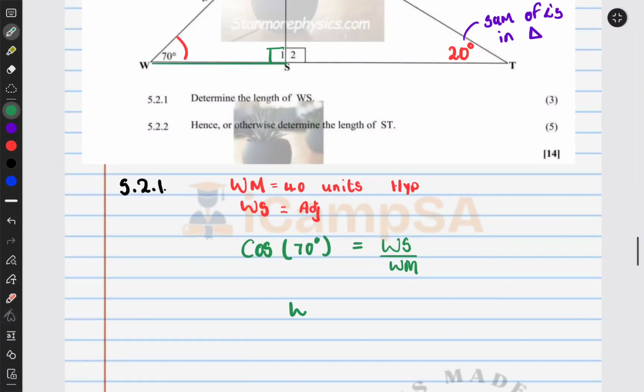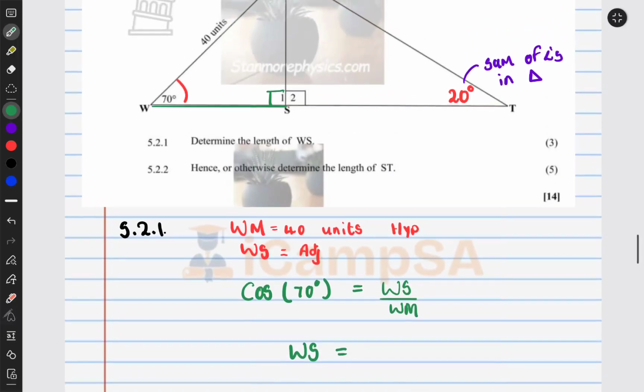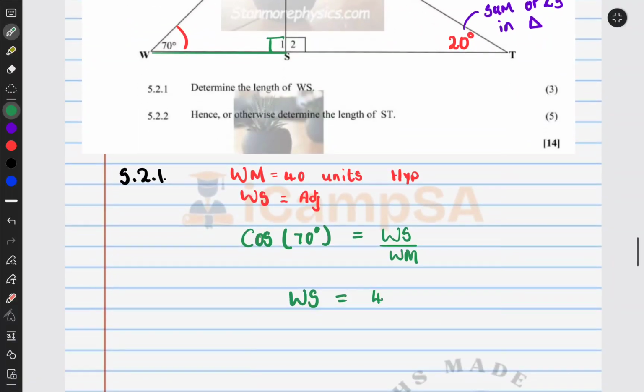Okay, and then let's make WS the subject, since that is what we are looking for. What is the value of WM? It is 40 units, so we're going to have 40 units multiplied by cos 70 degrees.